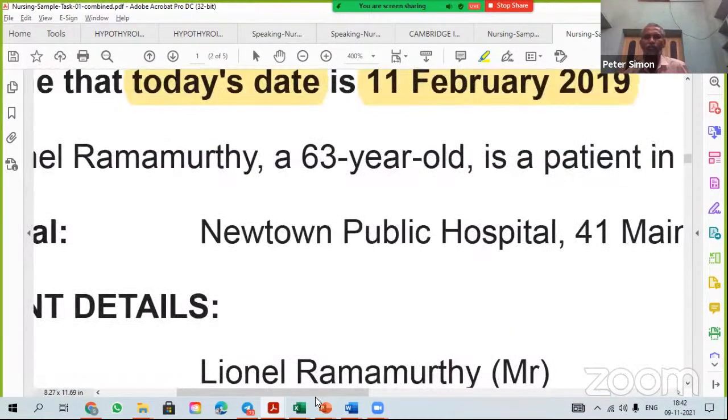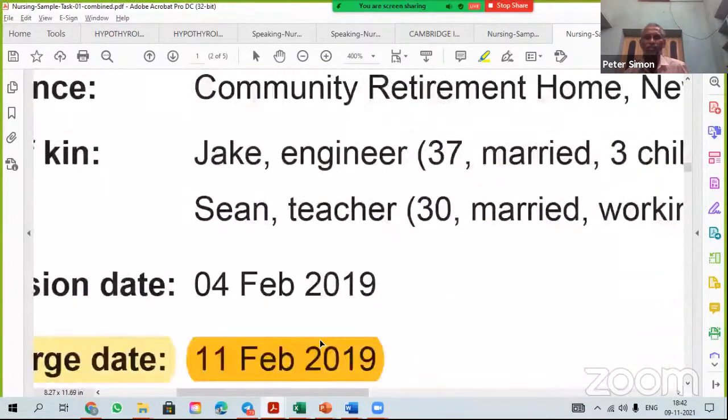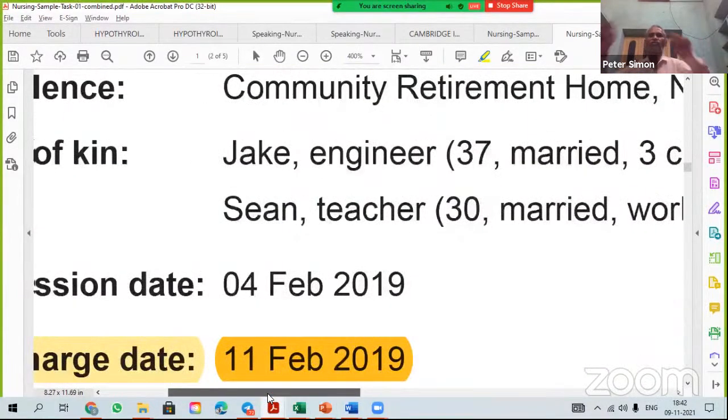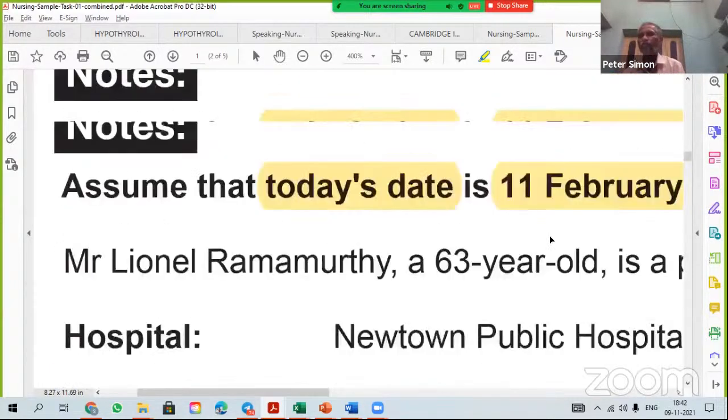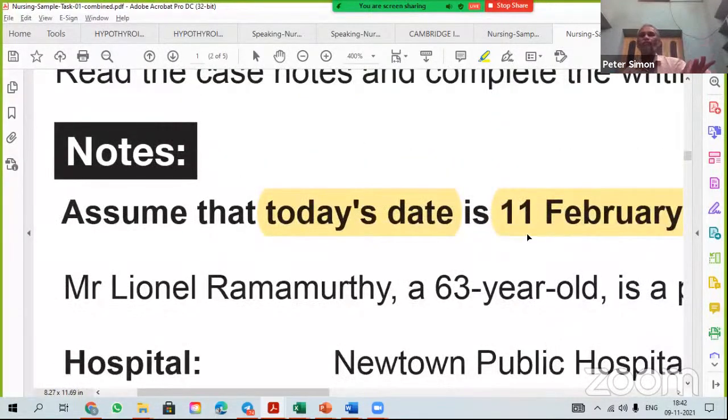Discharge is 11th February, and that is tomorrow. So today's date is 10th February. So by default, this is a mistake. Okay, no problem, 10th February. So you have to write 10th February.